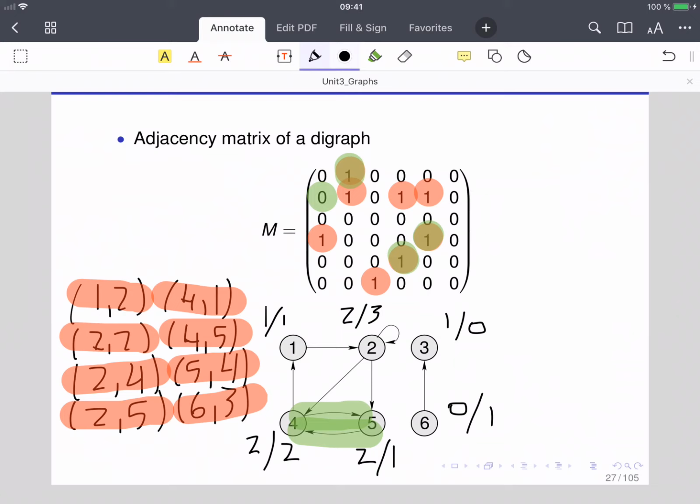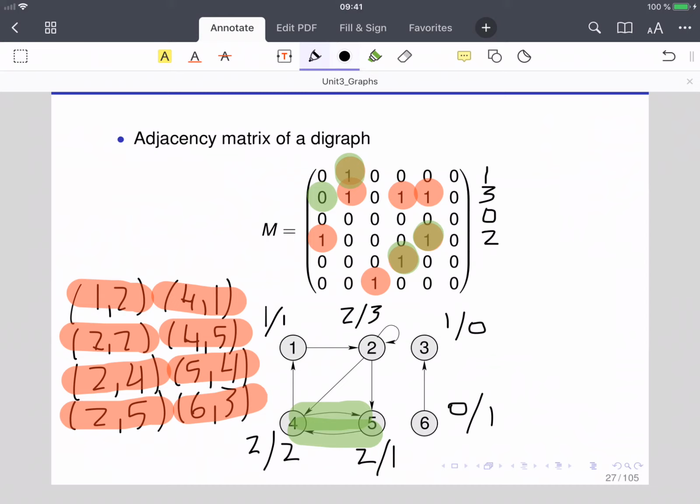Okay, and here notice that the out degree of 1 is exactly the sum of the elements in row 1. Okay, it's 1. In the case of 2, the out degree is, yes, it is indeed 3. In the case of 3, the out degree is 0. In the case of 4, it is 2.